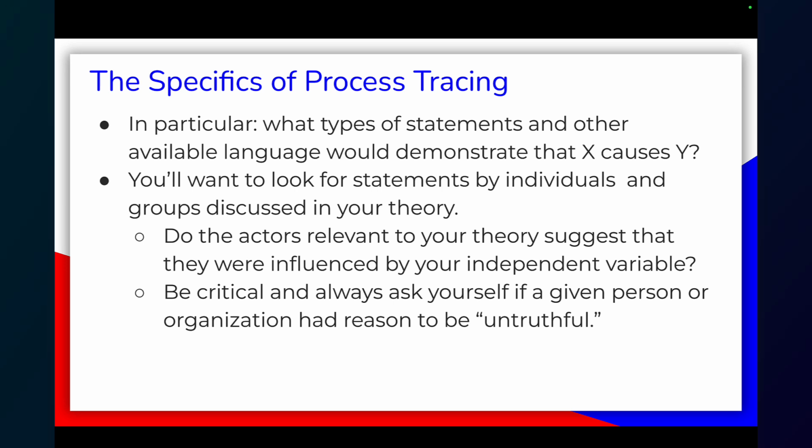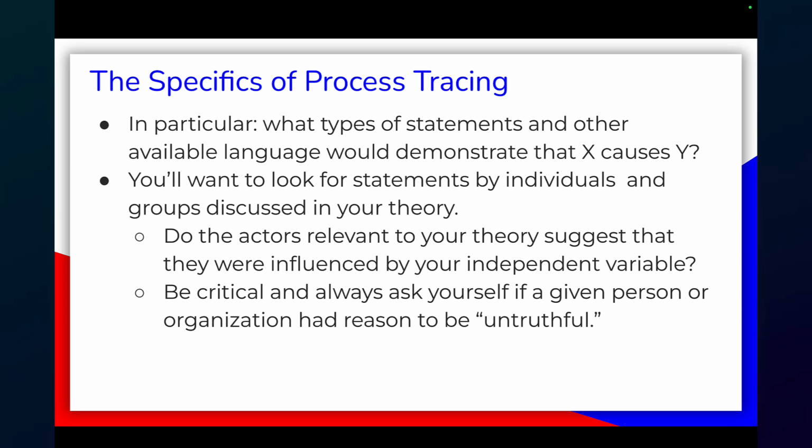Okay, so what are you going to specifically be looking for? In particular, what kind of statements and language would demonstrate that X causes Y? You'll want to be looking for statements by individuals and groups discussed in your theory. So is your theory about how individuals vote? Then you're probably going to want statements from individual voters.